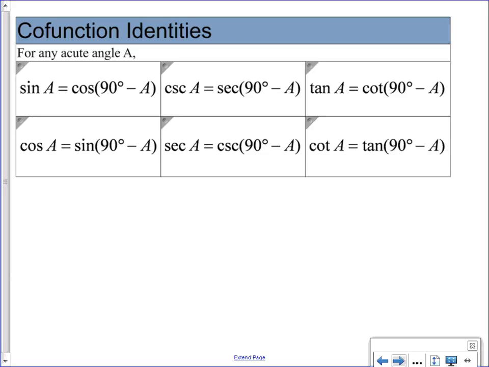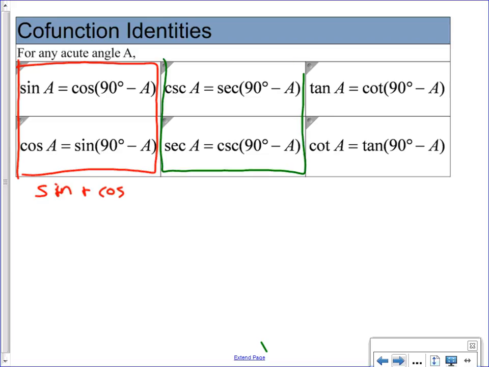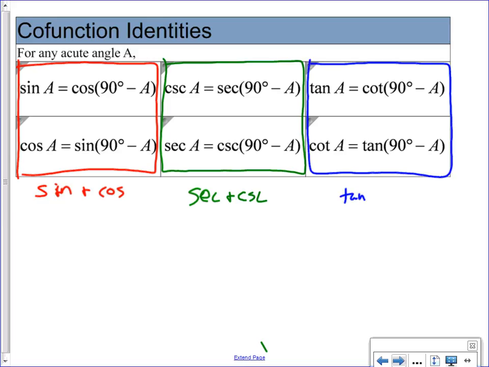So if I were just to block off three relationships, sine and cosine are cofunctions, secant and cosecant are cofunctions, and last but not least, tangent and cotangent are cofunctions. In other words, they have the same value because they're just the flip of each other.